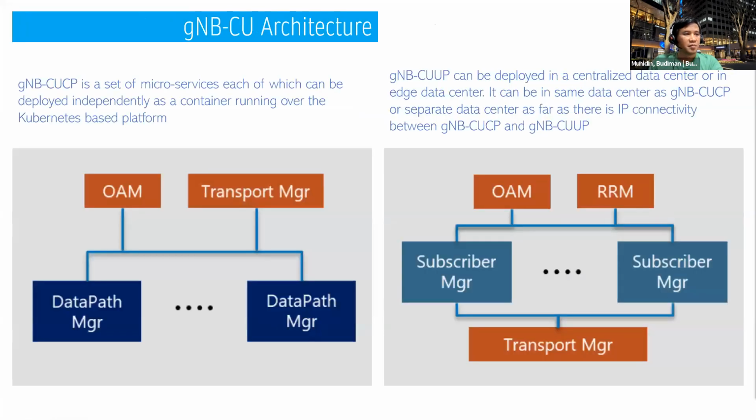This is a brief review of the CU architecture. For the control plane, the CU supports the major functions at CU level. We have functionality like PDCP control plane, SDAP, RRC, RRM, and also the termination of the N2 interface and the F1 control plane interface.